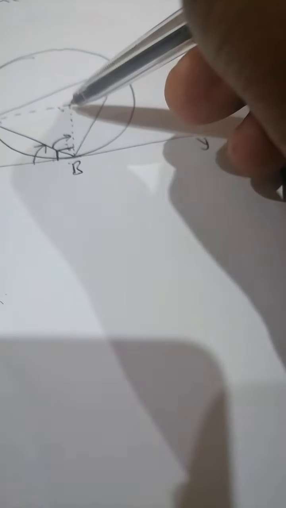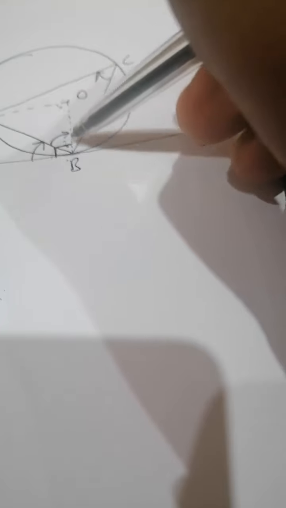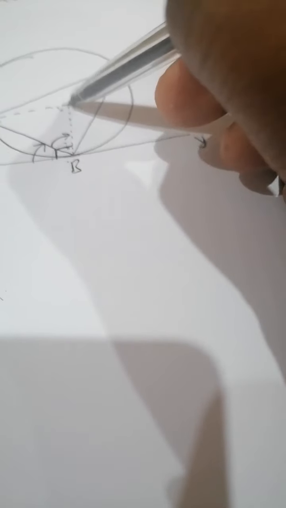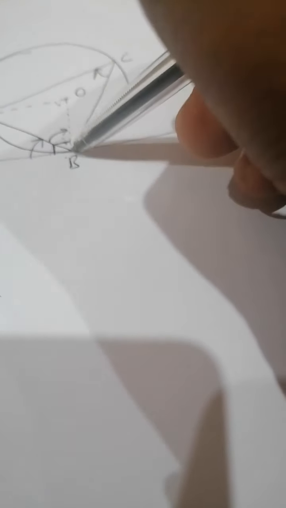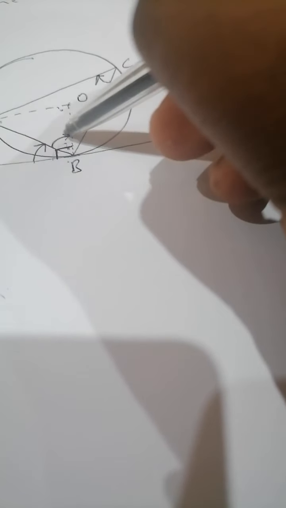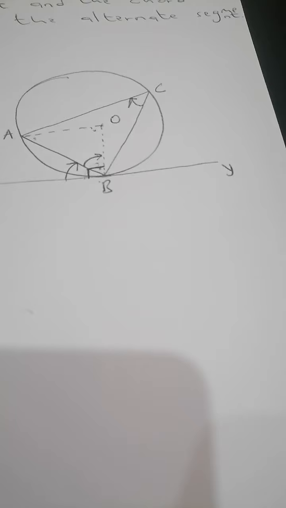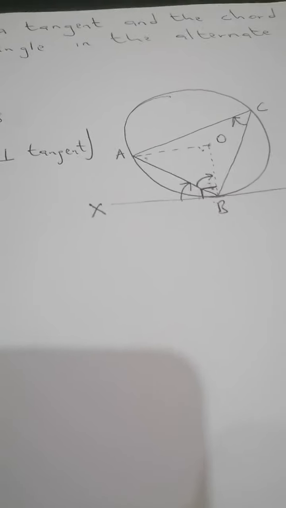So we are basically looking for angle OBA. So this angle here, because it's the first one we can get right away, right? If you look at these angles, we have this angle that we've indicated here, and also this angle.